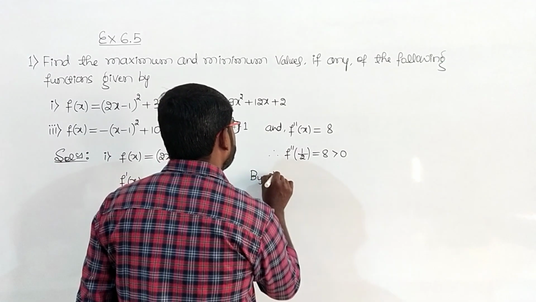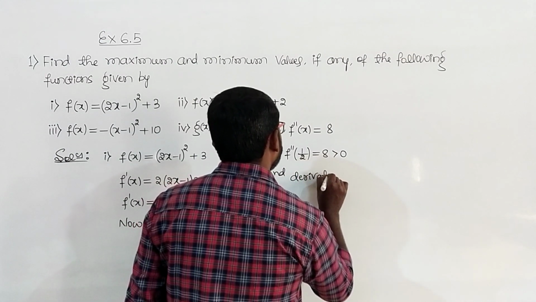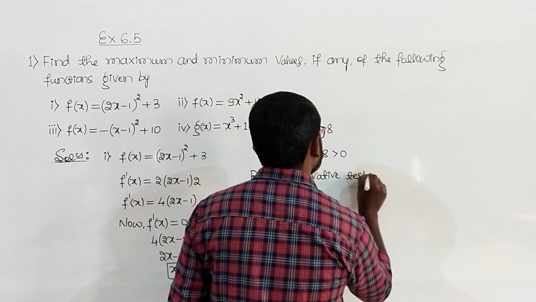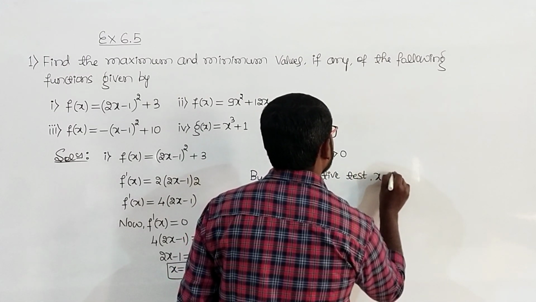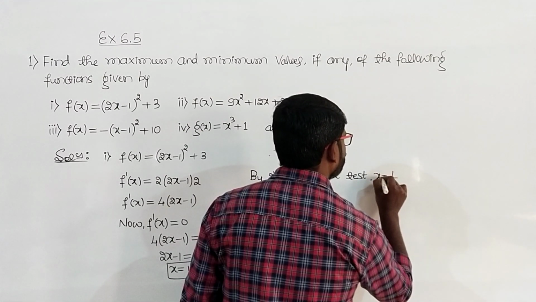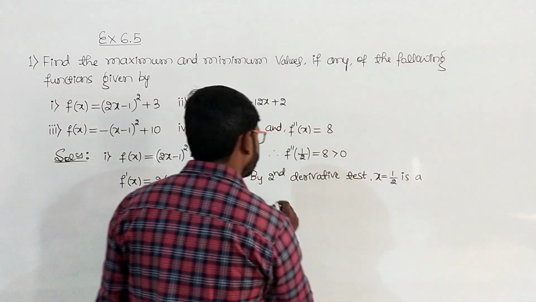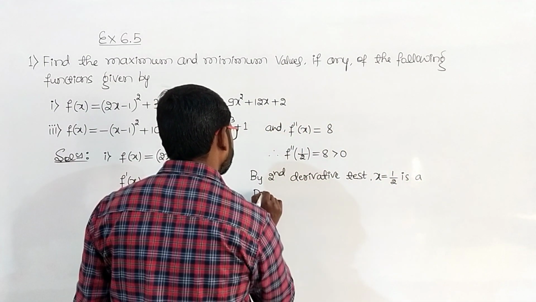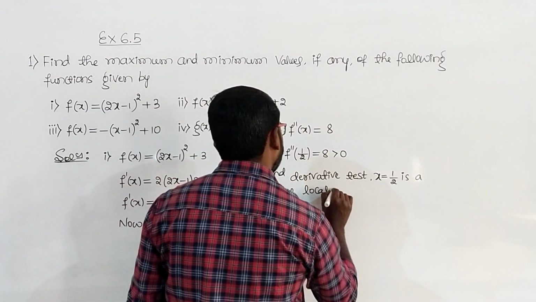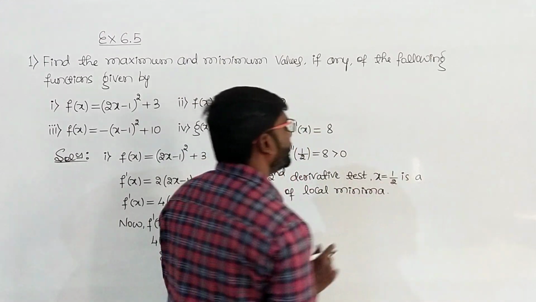By second derivative test, x equal to 1 by 2 is a point of local minima, and we will have to find the local minimum value.